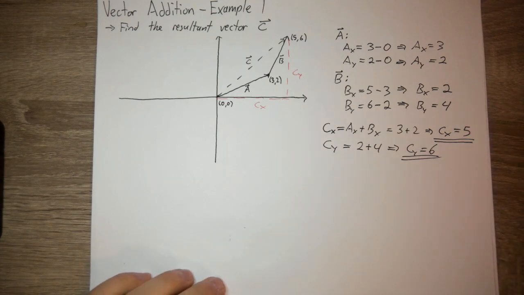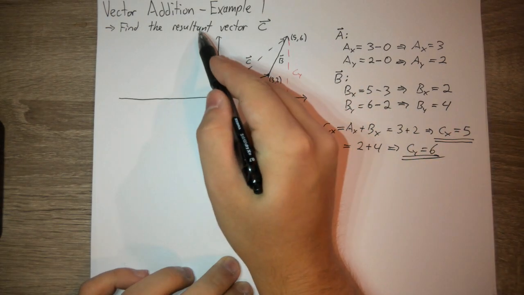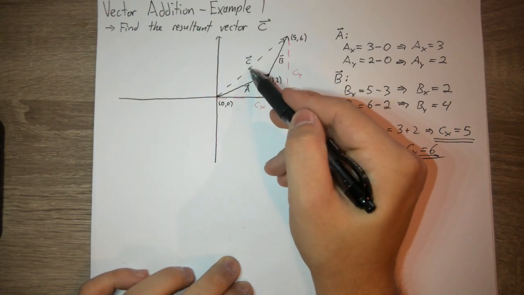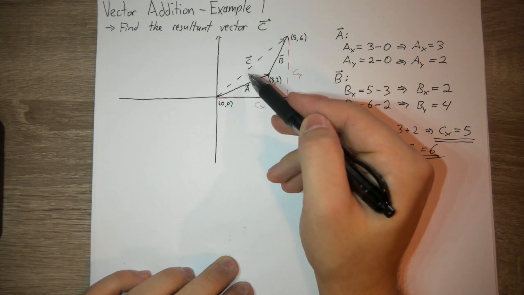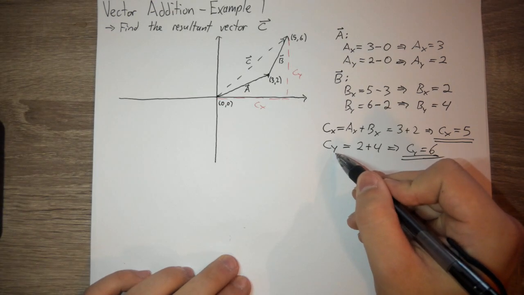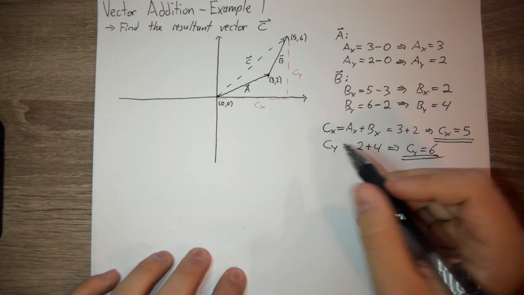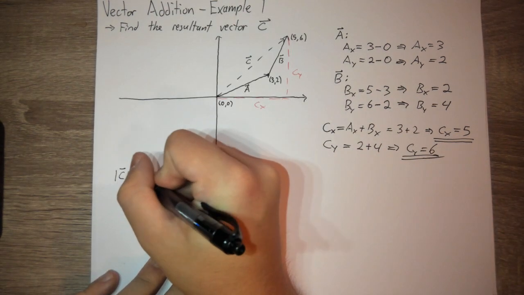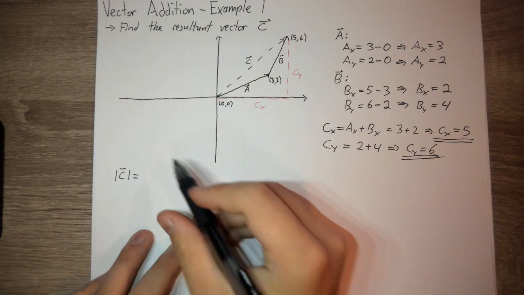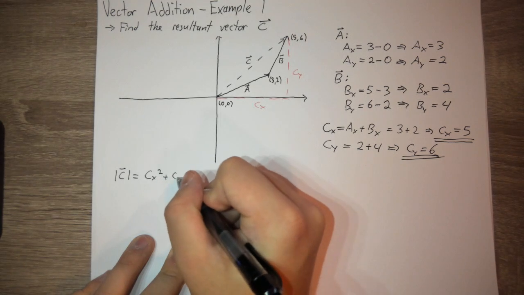So now, given that we have solved for these, what we're looking for is the resultant vector c, meaning we need to find the magnitude and the direction. Given that we have both components, we can now use Pythagorean's theorem to solve for the magnitude. So I'll write that over here, that c, magnitude of c, is the square root of Cx squared plus Cy squared.